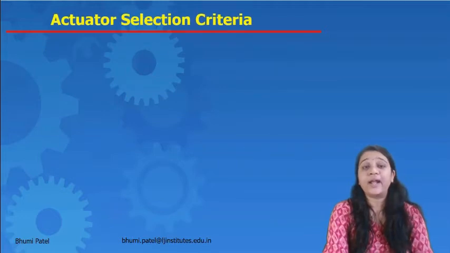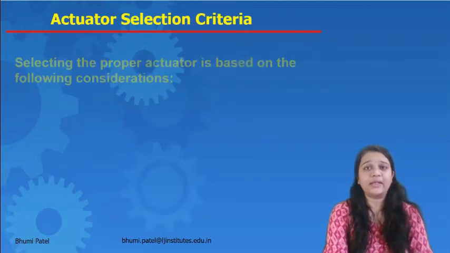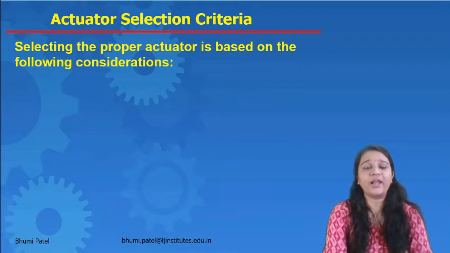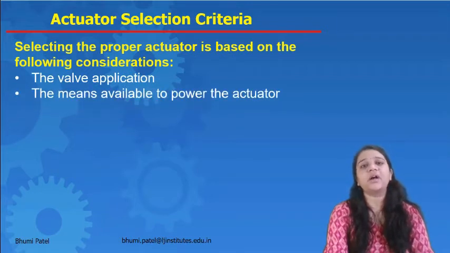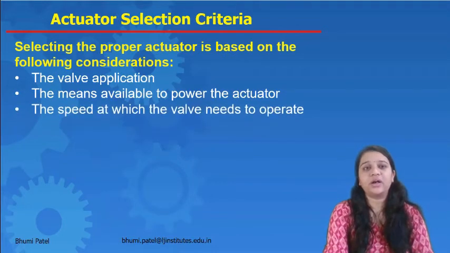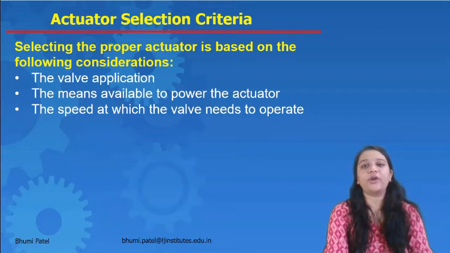There are different selection criteria whenever we use valve actuators in the control valve. The first criterion is the valve application. The second is the means available to power the actuator. The third is the speed at which the valve needs to be operated.